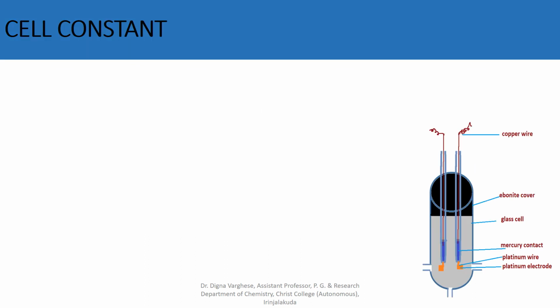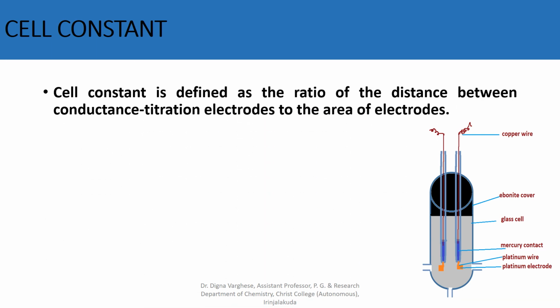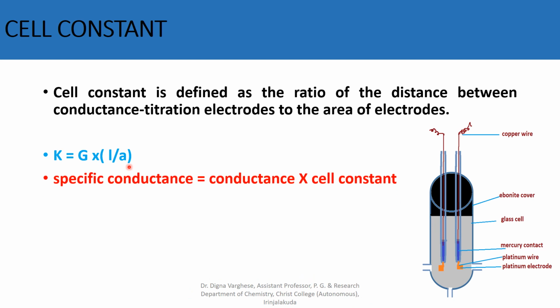Cell constant is defined as the ratio of the distance between the electrodes to the area of the electrodes. K is equal to G into L by A, that is, specific conductance is equal to conductance into cell constant.